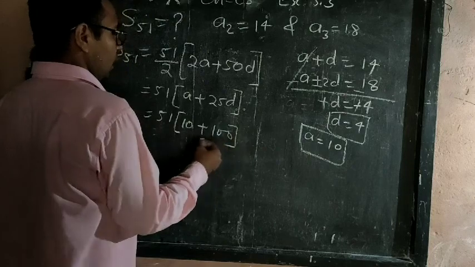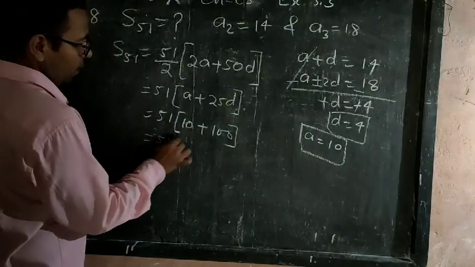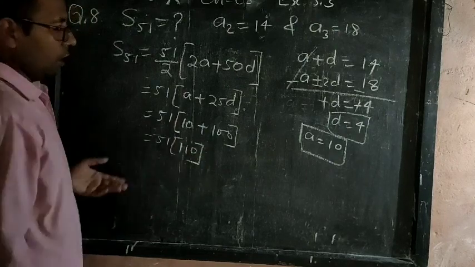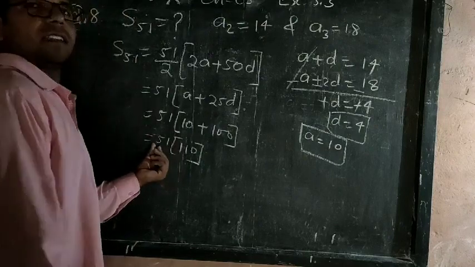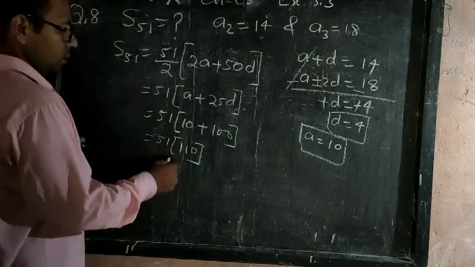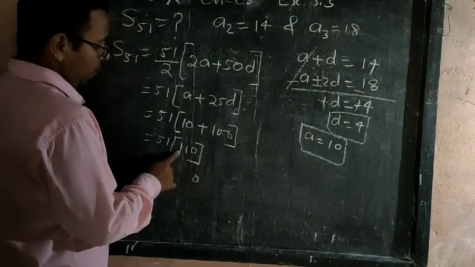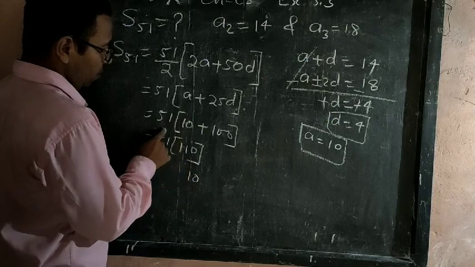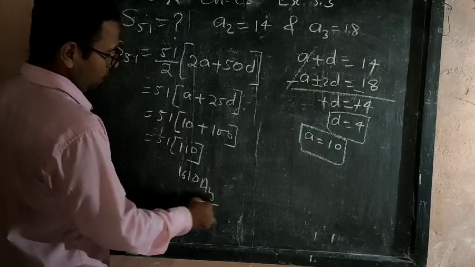So 100 plus 10, how much will you get here? 51 into 110. Now students, what do we have to do here? Again we have to do multiplication. So this 0 you will get here, and 11 1 the 11, carry 1, 11 5s are 55 plus 1, that means 16. So 1610 you will get as your answer.